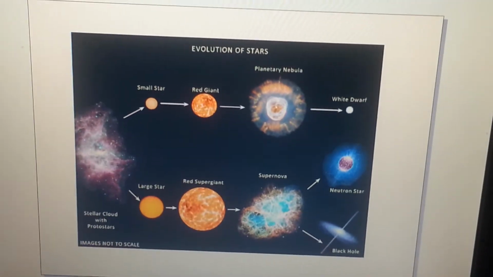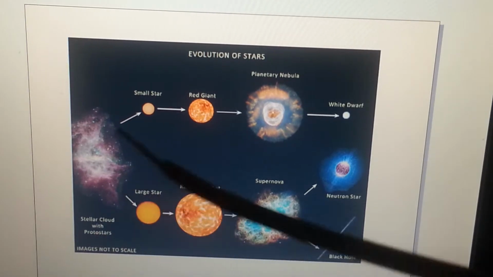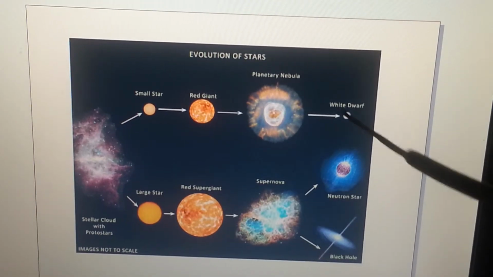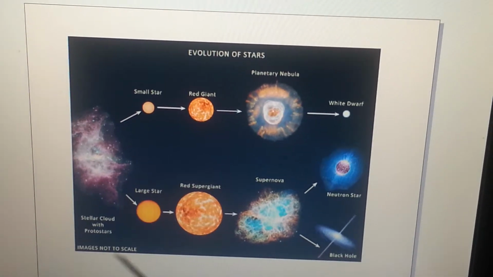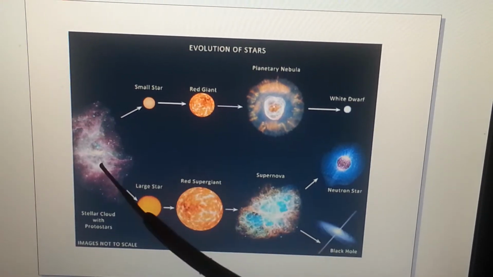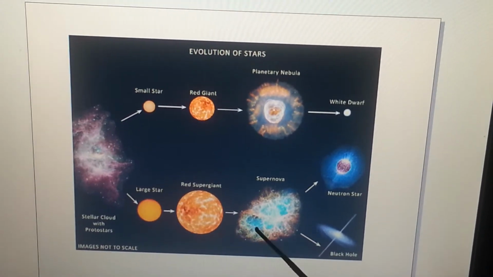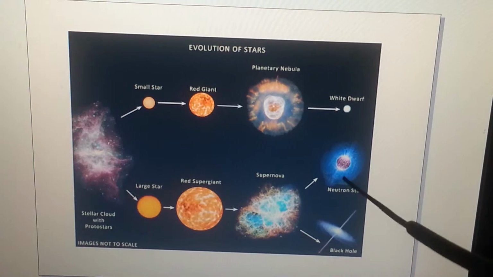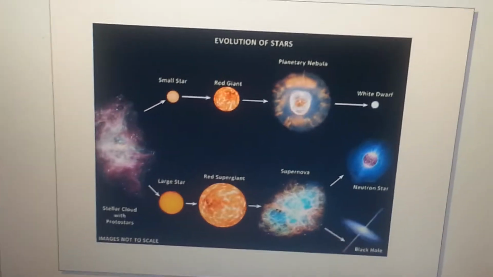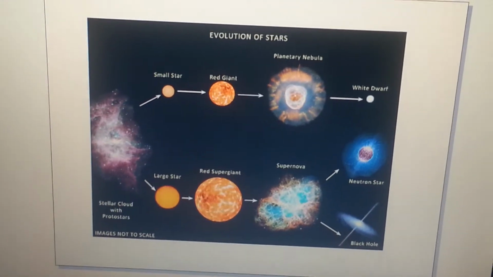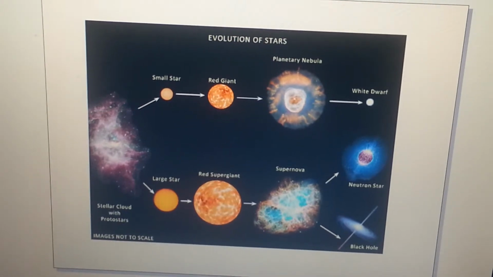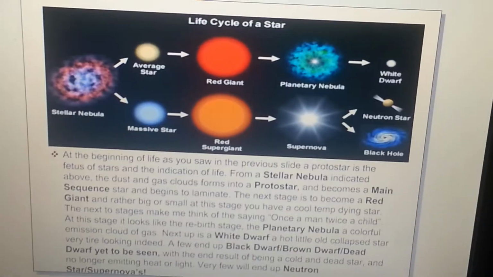Here you have the evolution of the stars. You can either go here from creation to end for the small star, or you can go from the large star, creation to end. Let's talk about it a little more in detail, and I'll also show you a video.